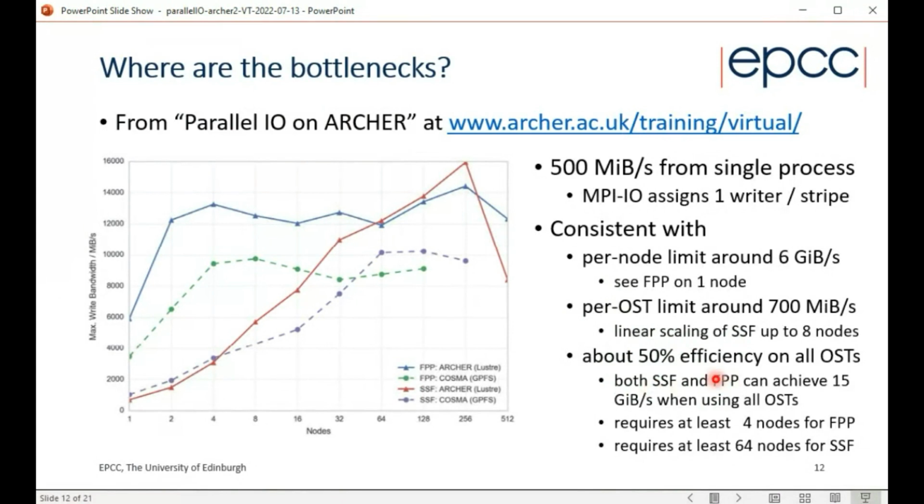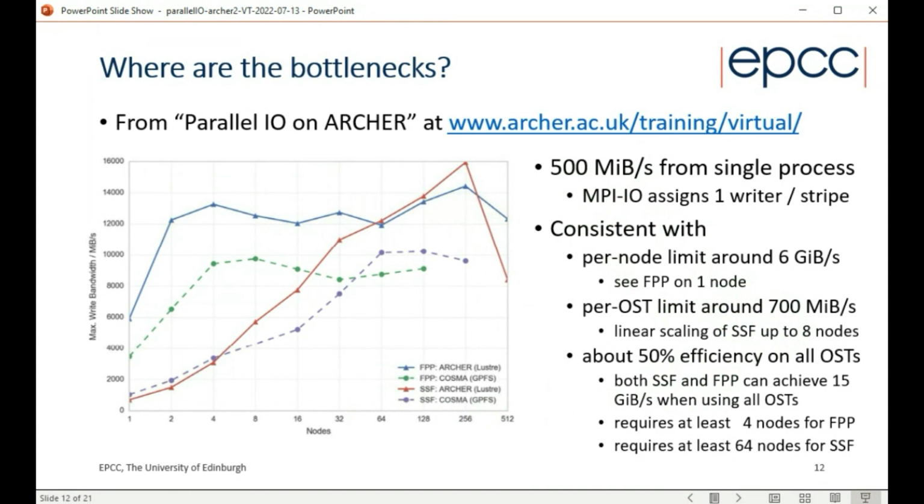And we got about 50% efficiency. If you multiply 500 or 700 by how many disks there were, you should have expected about 30 gigabytes, and we got 15. So there's about a 50% parallel efficiency loss due to congestion and such like. But it's quite a clear picture on Archer. It was very clear that you could saturate the bandwidth of a single disk with a single process on each node.